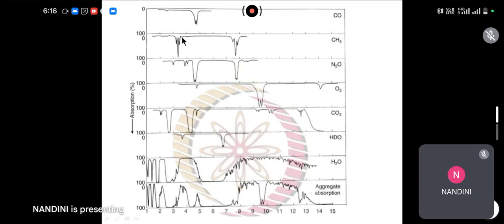In the case of CH4, it's between 3 and 4, and the second vibrational mode is between 7 and 8 micrometer. For N2O, it is between 4 and 5 and between 8 and 9. For ozone, it is around 10 micrometer. For CO2, we have 3 micrometer and then 4 micrometer. Water vapor is between 5 and 8 micrometer. So we have different frequency ranges.